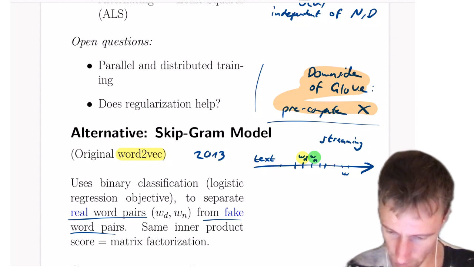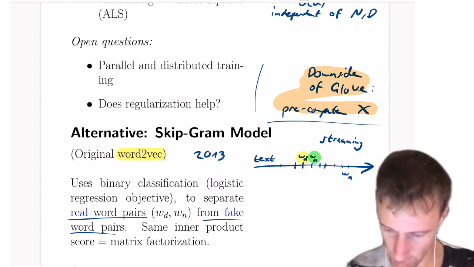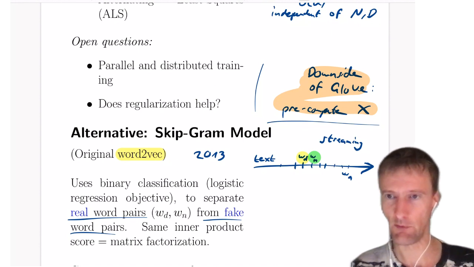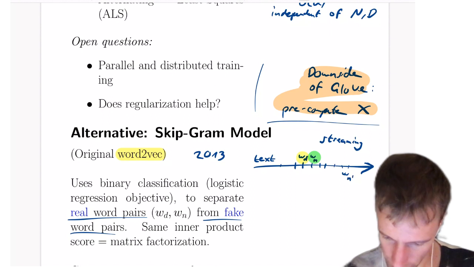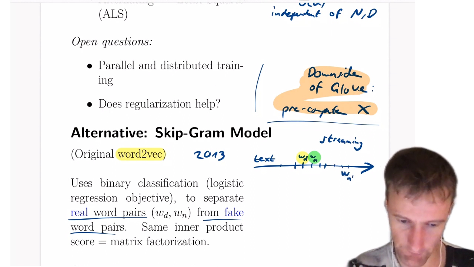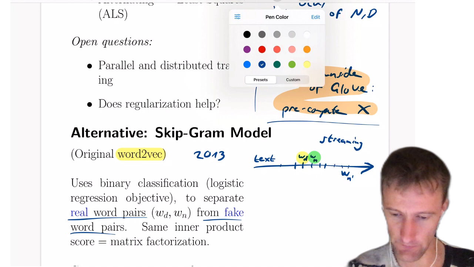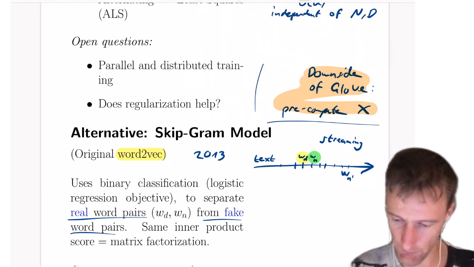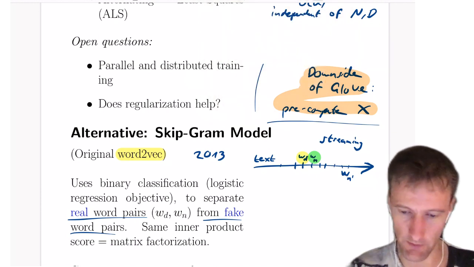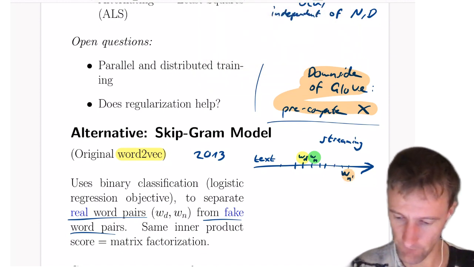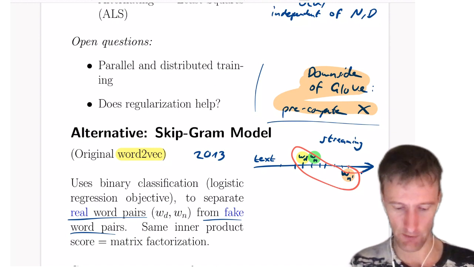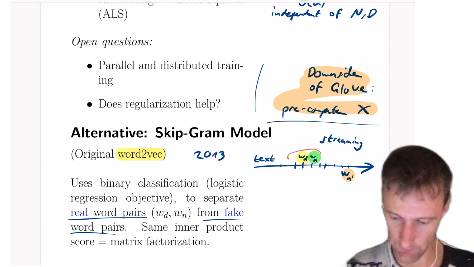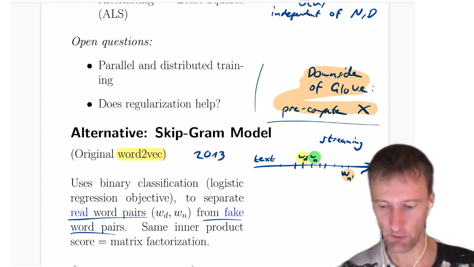I don't know how I want to call this, Q. So this is kind of a negative. No, I call it N prime. That's a word which appears far away from the current D, and that's what we call a negative example. That one is something I do not want to count as a pair. So WD and WN' together are not a real pair, they are a fake word pair. And these two, they are a real word pair because they do appear together.